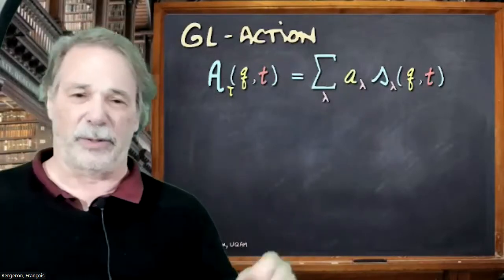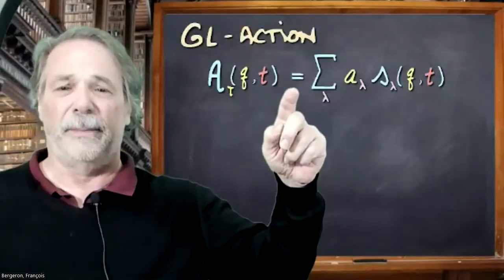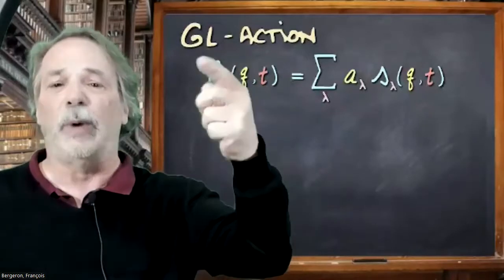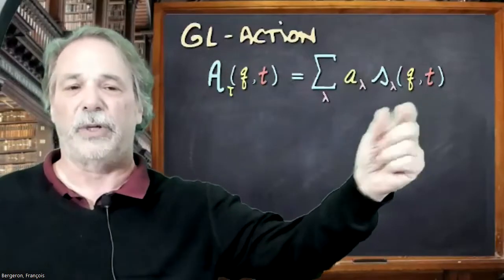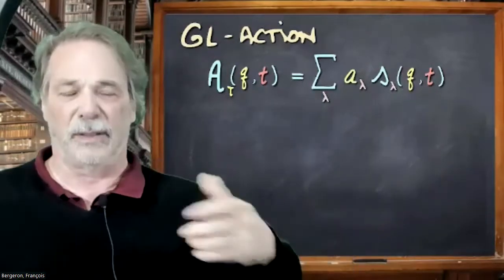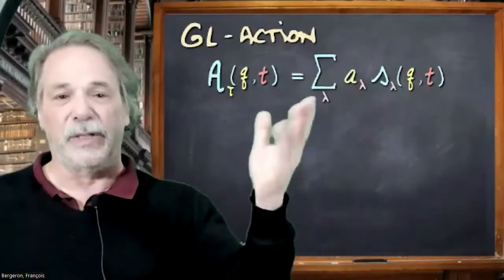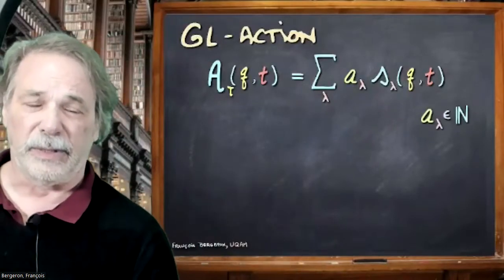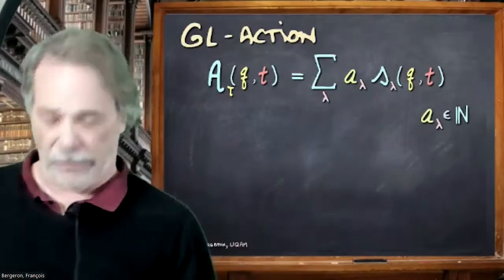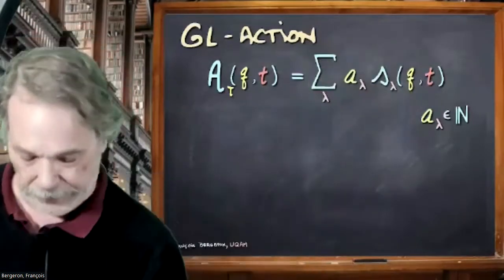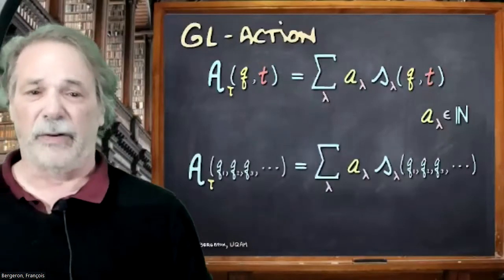That's another story. But if you know that there's some GL2 action here, the 2 because you have Qt here, then this is forced. And that's the reason why it is positive. So the coefficients here are positive integers. They are multiplicities of the irreducibles. That's why you have positivity.